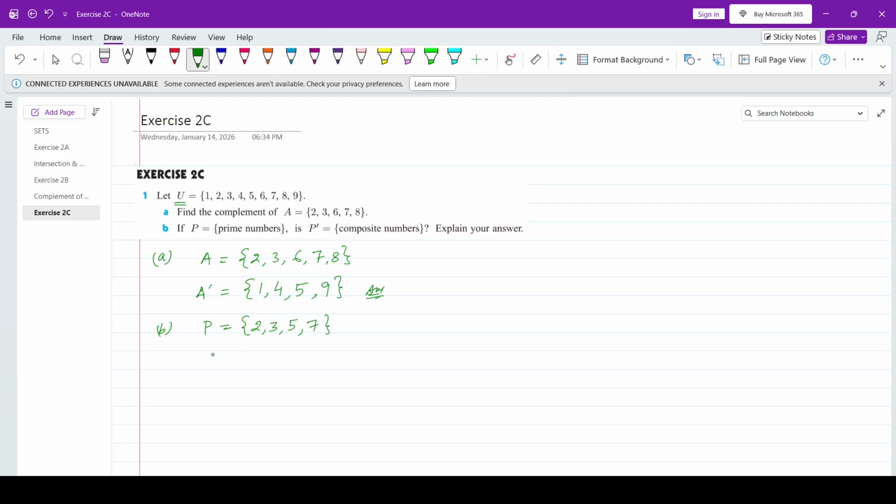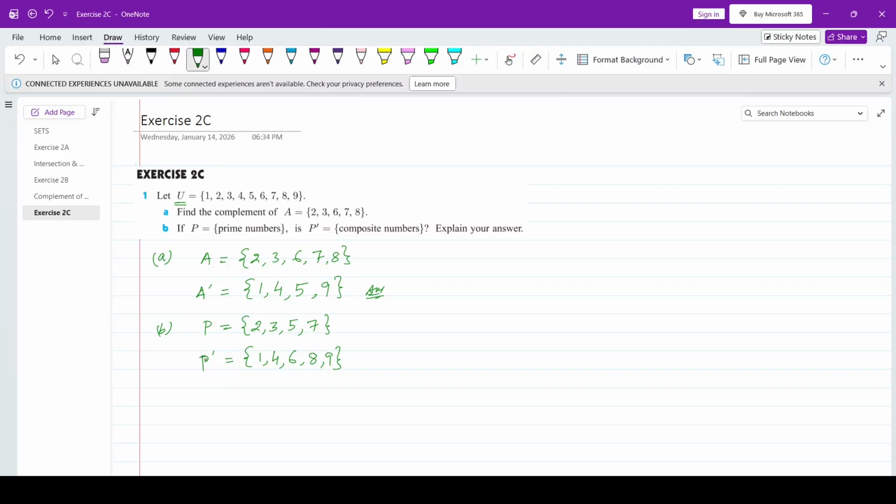Now, what is P complement or P prime? The elements of U that are not present in P. That will be 1, 4, 6, 8, and 9.